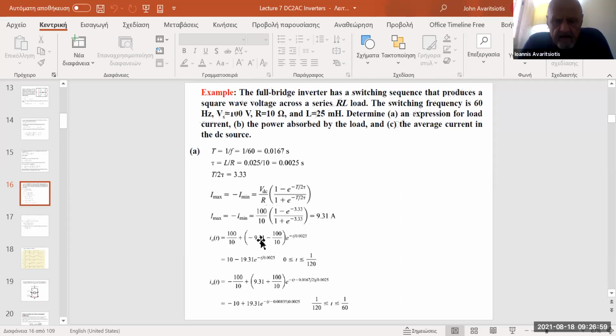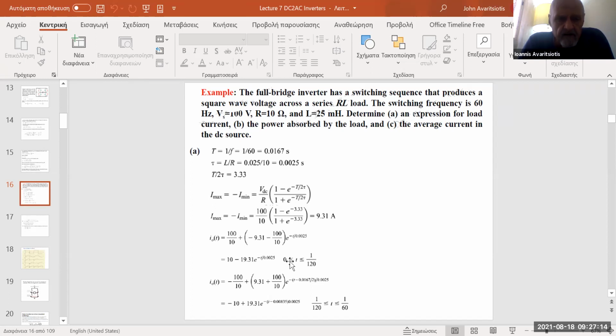If we replace the values, we obtain this equation, which shows us how the current varies as a function of time for the first half of the period.